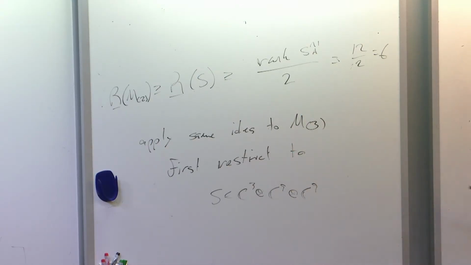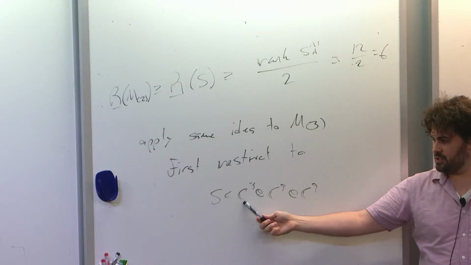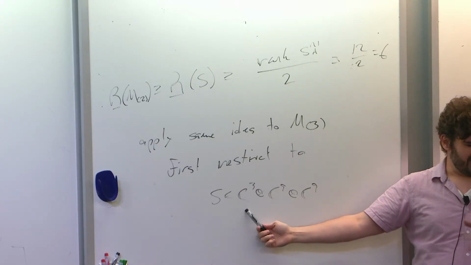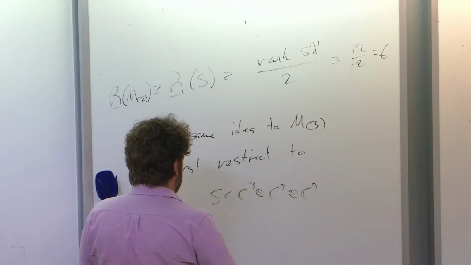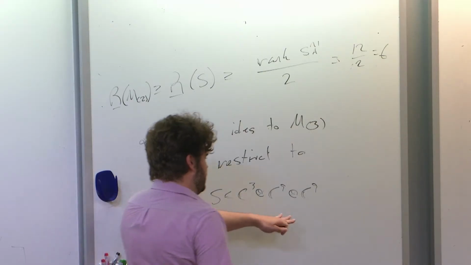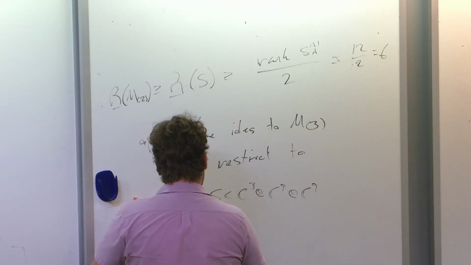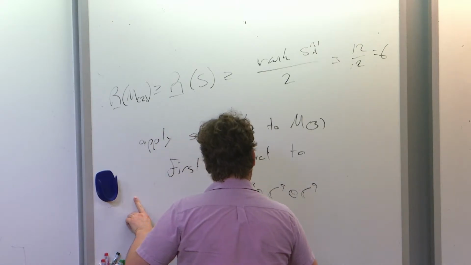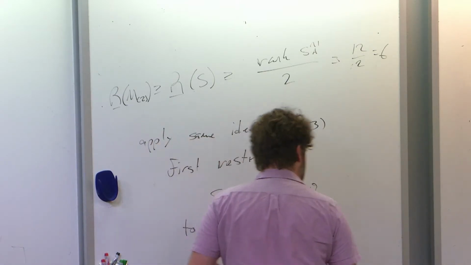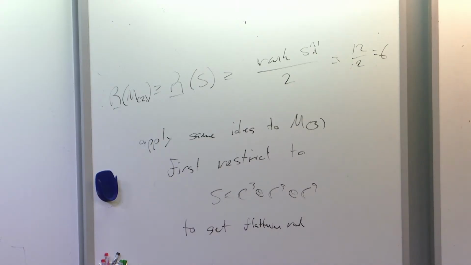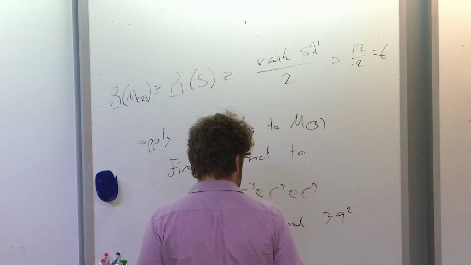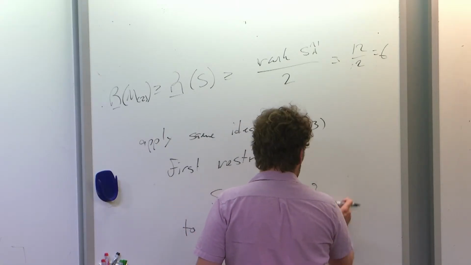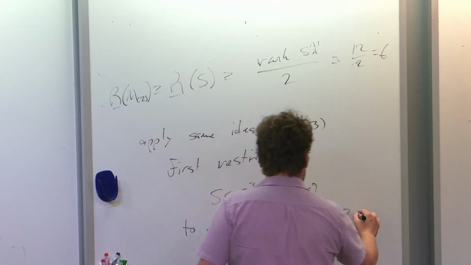And I do the same thing for M3. I take a restriction to C3, C9, C9, where I need to take the restriction generic enough. Basically, you can take a random restriction. And it turns out you can get the full rank flattening there, with flattening rank, well, 3 times 3 squared equals 27.